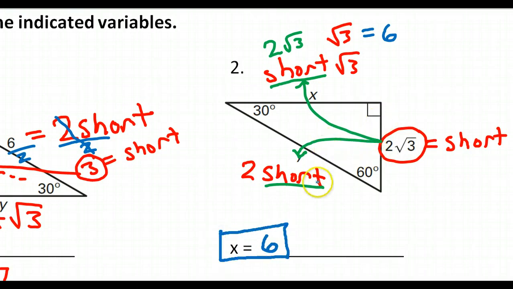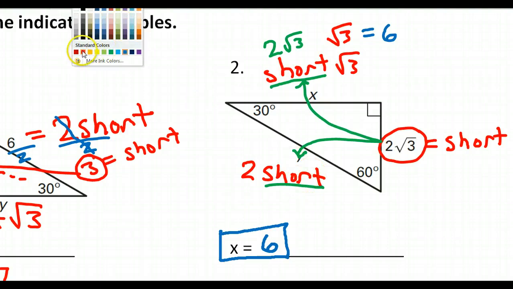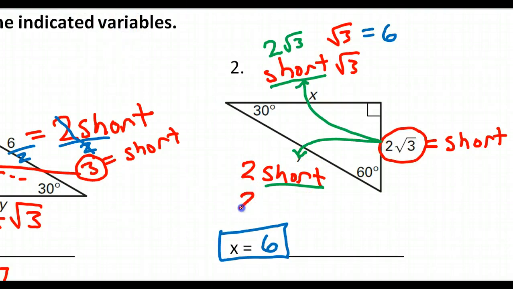Okay, in the same exact way, if I take this 2 radical 3 and I put it right here, then that's going to give me 2 times 2 radical 3. It's 2 times short. Again, short is 2 radical 3, so that's 2 times 2 radical 3.